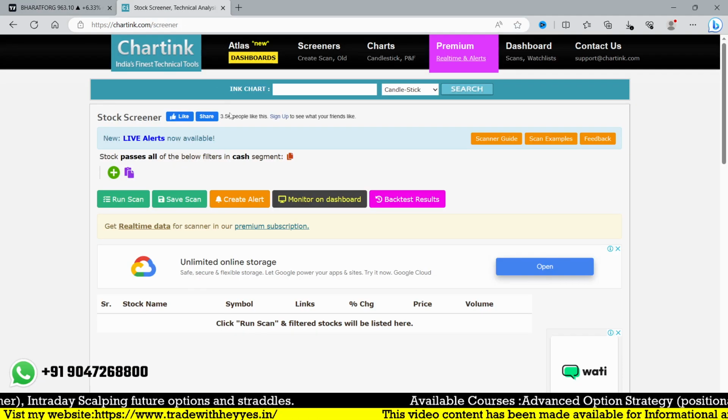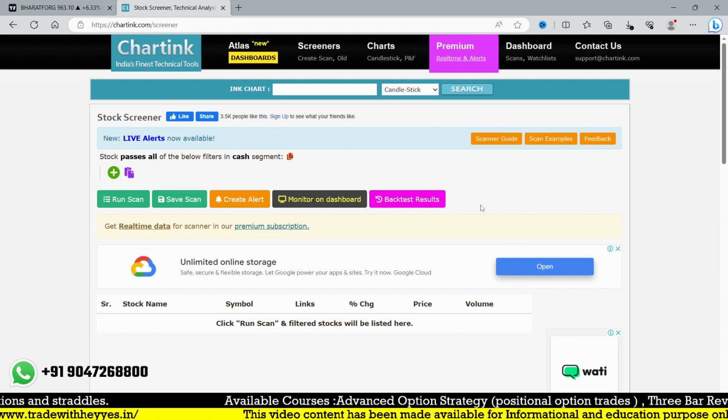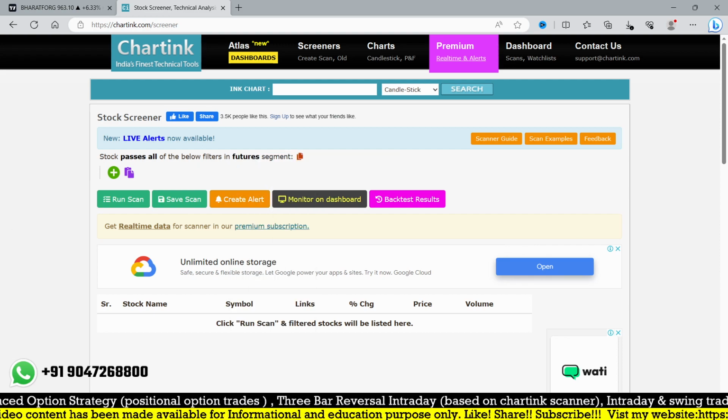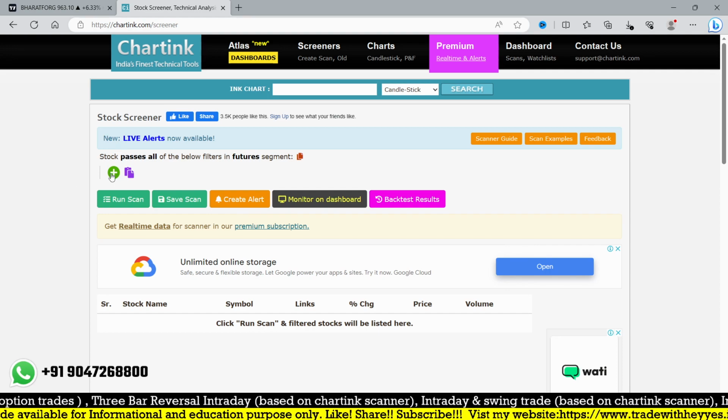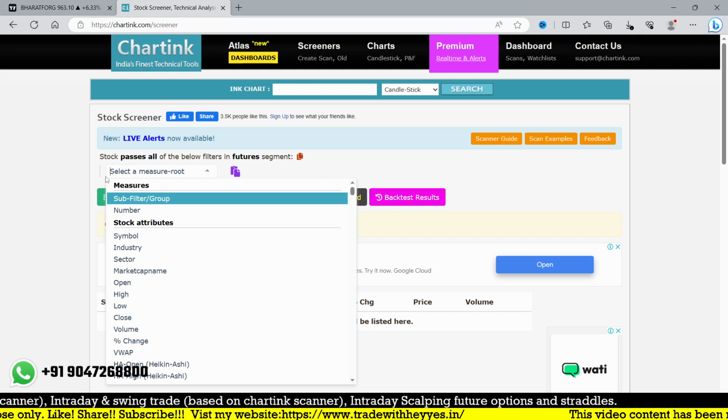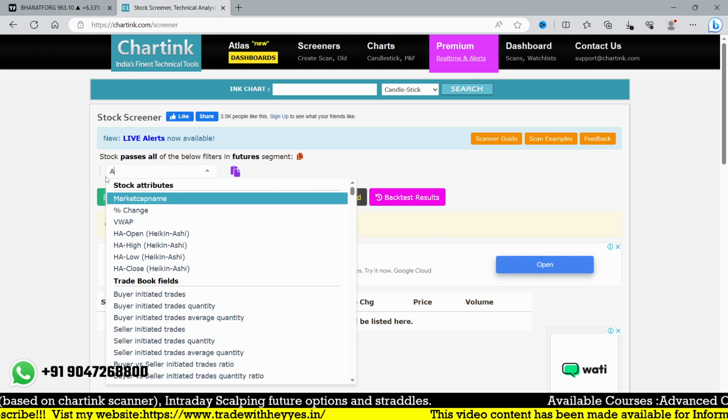Let me create that stock list. I normally use futures and options shares, so I'm adding the futures stocks. We need to use the max function, and because we are going to calculate exact values, we use ABS.